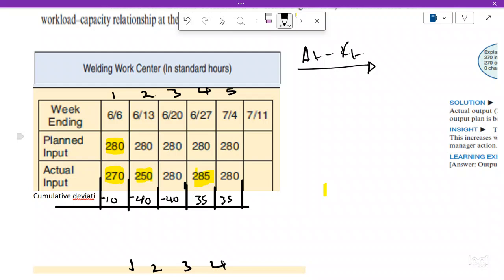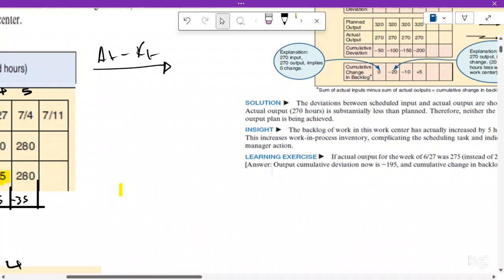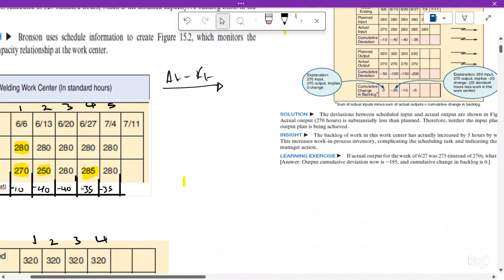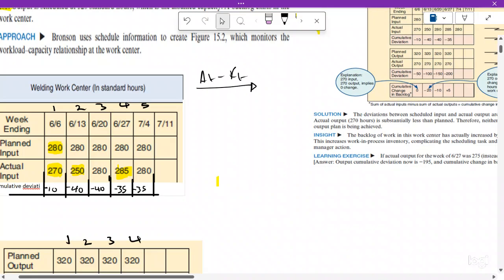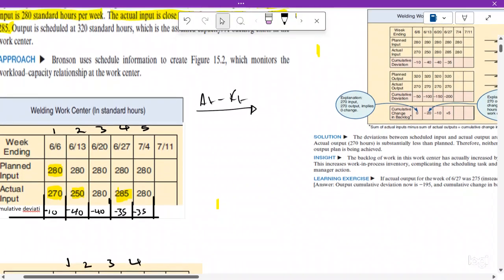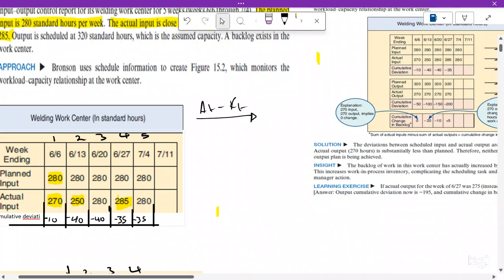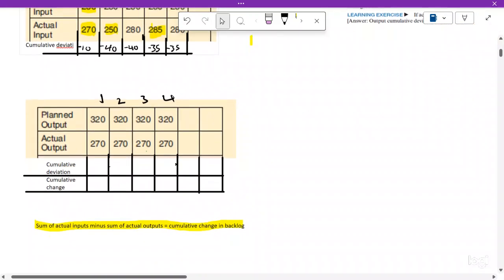Minus 40 becomes negative 35. Then this one maintains negative 35. This one, how is it 40? For some reason they didn't do it for the last one there, 80 minus 80. Okay, then we are right.